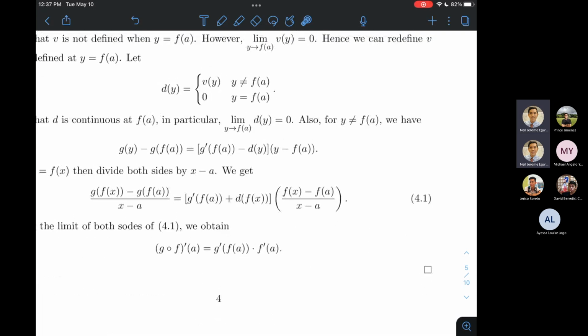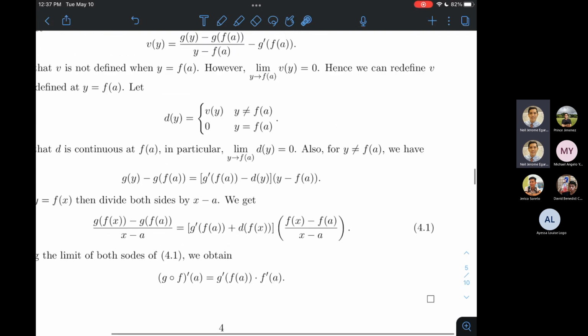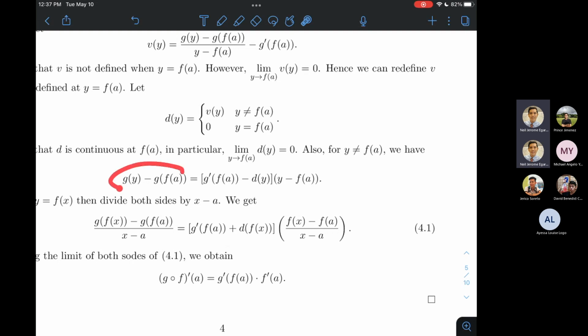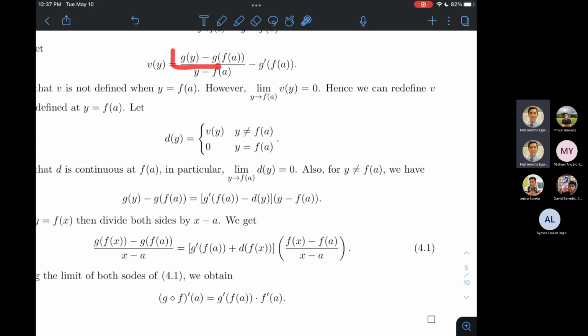Okay, and then if that's the case, let's see what happens when y is not equal to f of a. Well, if you look at g of y minus g of f of a, which is basically the numerator here, okay?